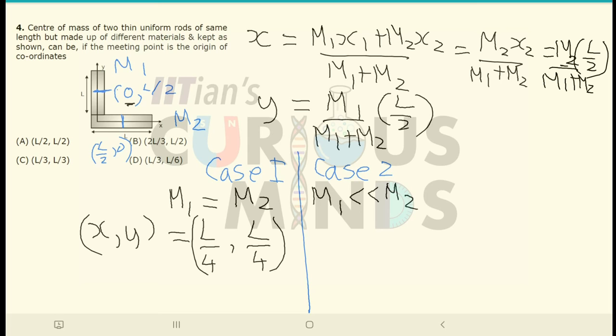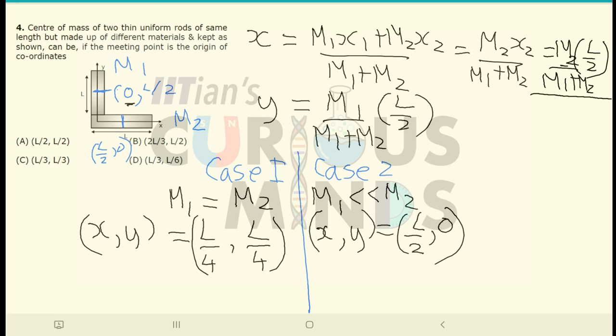In this case, the x comma y coordinate, if m1 is very less as compared to m2, the x coordinate will be L by 2 and the y coordinate will be equal to 0.